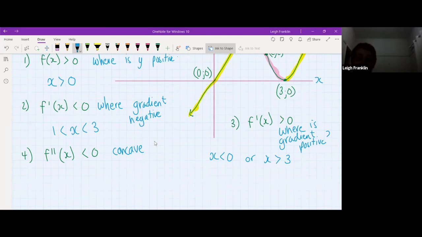That's a very good question, I'm going to answer it now. Can you see there? F prime prime x is smaller than 0. Concave down. So concavity is negative. It's smaller than 0, so concave down. Concavity is negative.